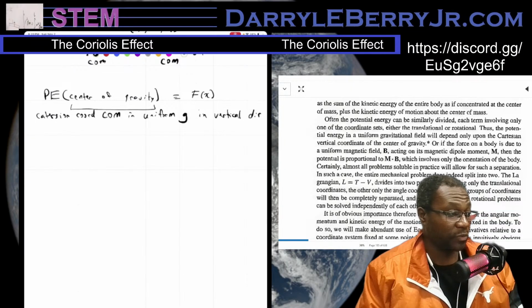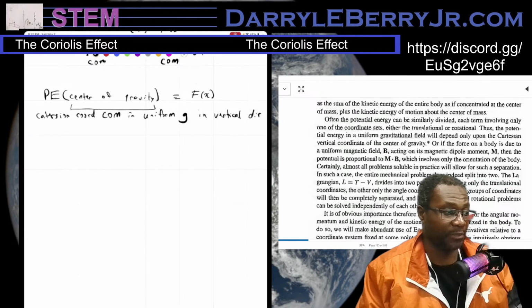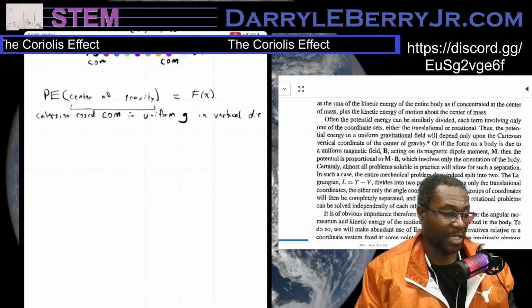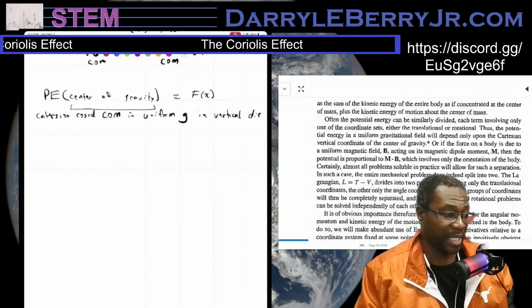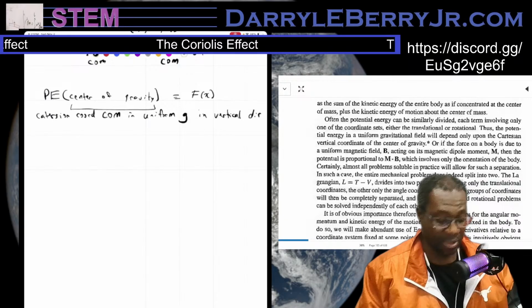Or if the force on a body is due to a uniform magnetic field B acting on its magnetic dipole moment M, the potential is proportional to M dot B, which involves only the orientation of the body. Certainly, almost all problems soluble in practice would allow for such a separation. In such a case, the entire mechanical problem does indeed split into two. The Lagrangian L equals T minus V divides into two parts, one involving only the translational coordinates, the other only the angle coordinates. The two groups of coordinates will then be completely separated, and the translational and rotational problems can be solved independently of each other.